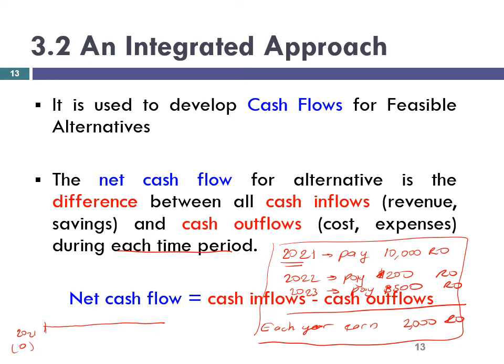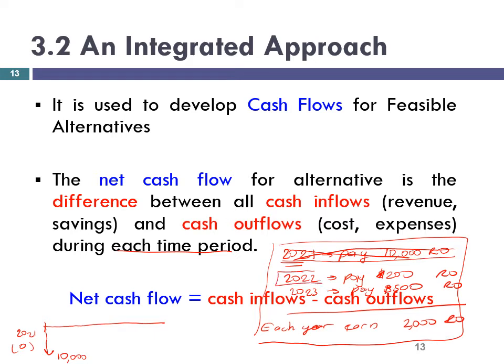So we represent it with a downward arrow and we write its value over here, 10,000 Riyals we will pay. In 2021, do we earn anything? No. Do we pay anything else? No. This is the only thing, so this is the net cash flow in year 2021.